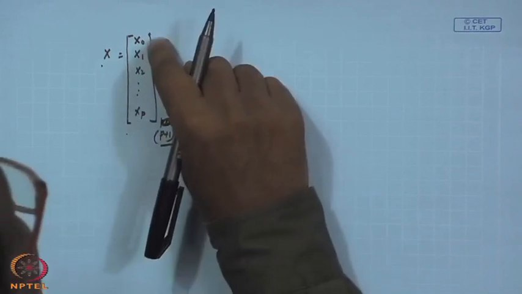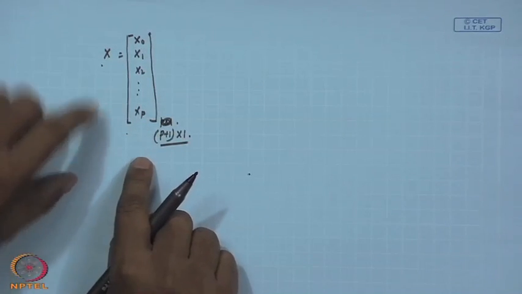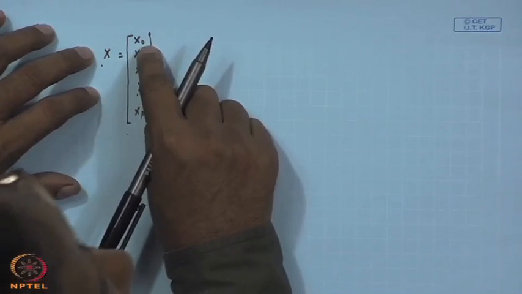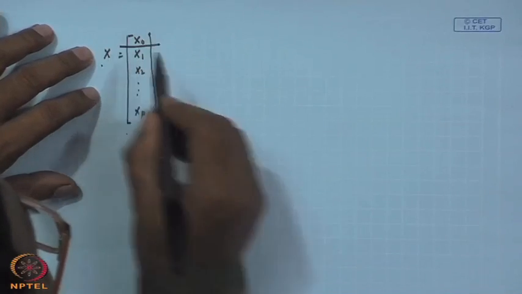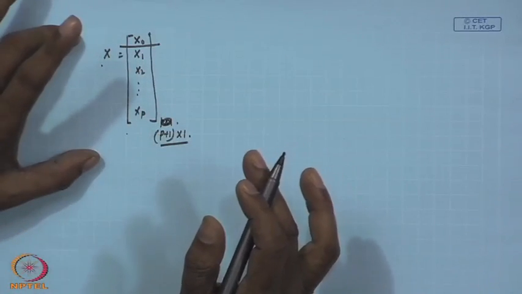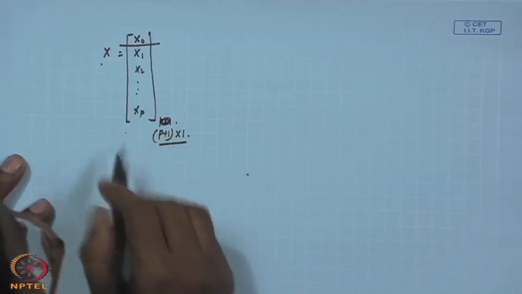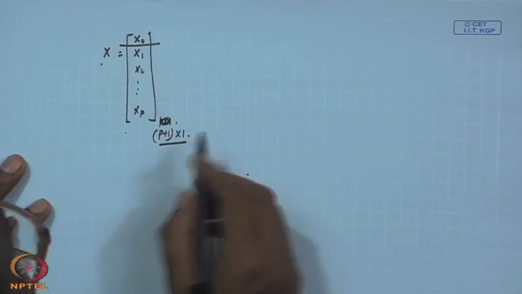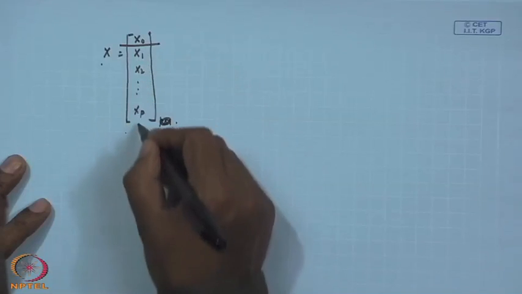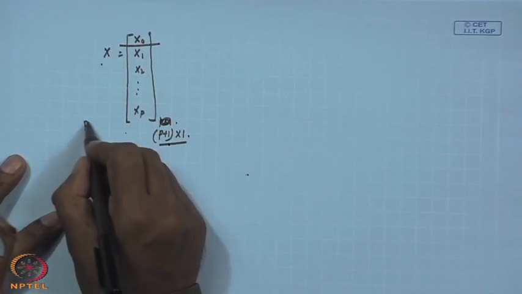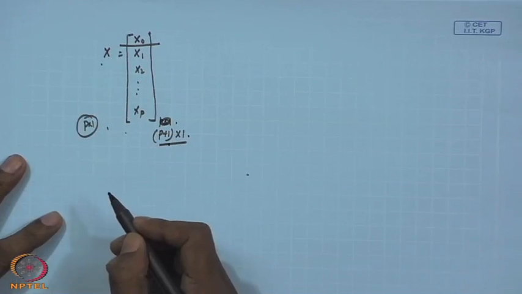See, this x 0 is not required to be written here, later on it will be taken care of. Essentially, x 1 to x p are the variables, the IVs, and x 0 is a constant for which the intercept term will come. So, x 1 to x p is a p cross 1 variable vector.